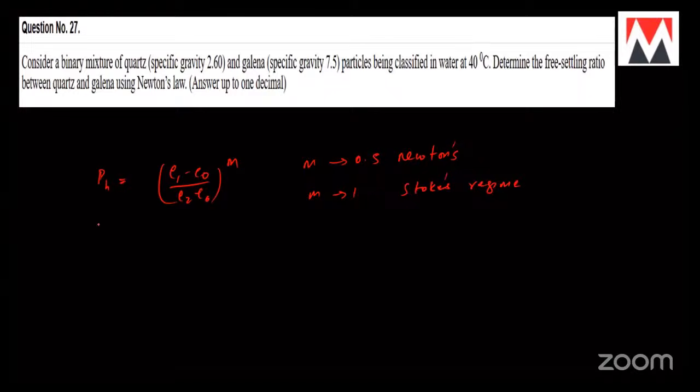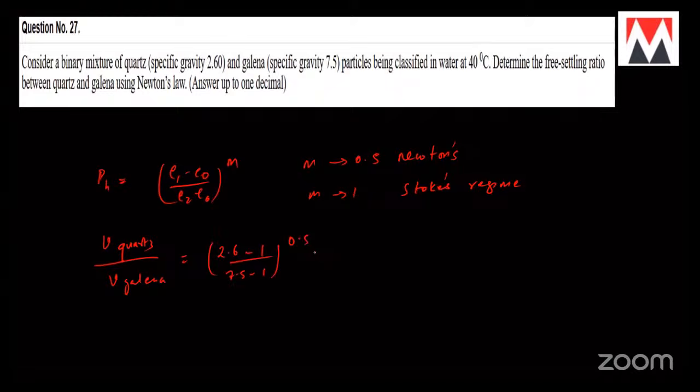So you'll be using the free settling ratio of quartz, right, of galena. So you have 2.6 minus 1 by what is this? 7.5 minus 1 whole power 0.5.